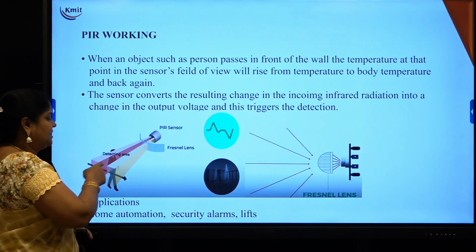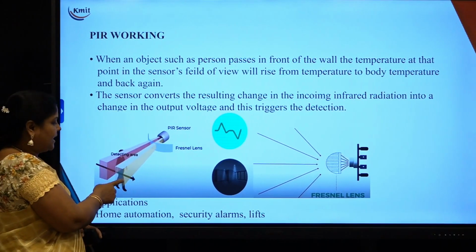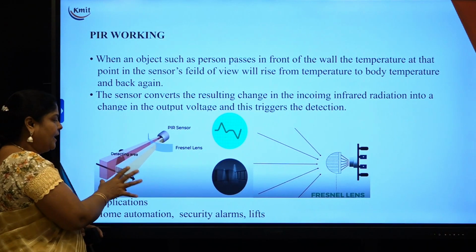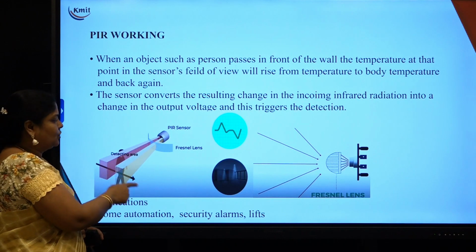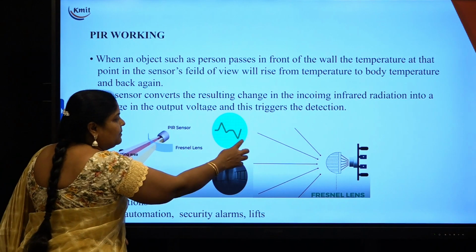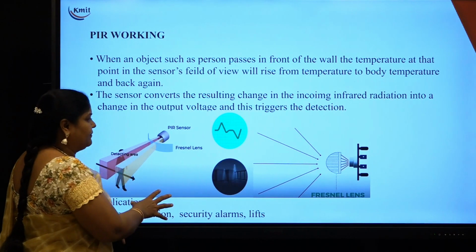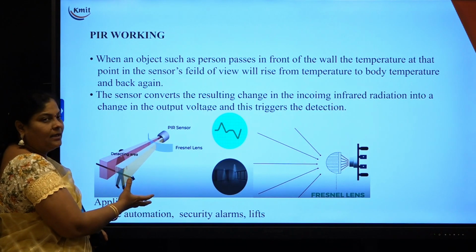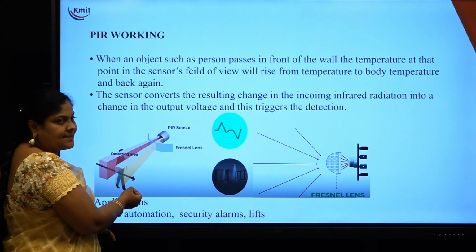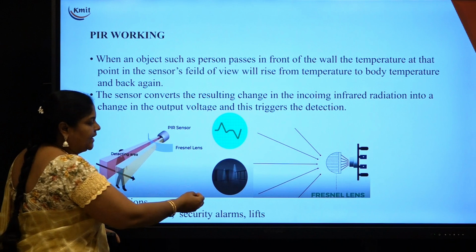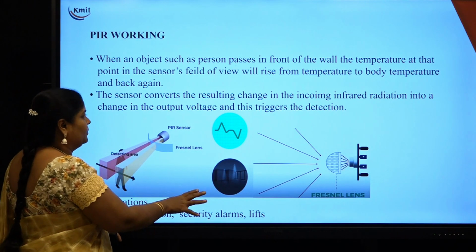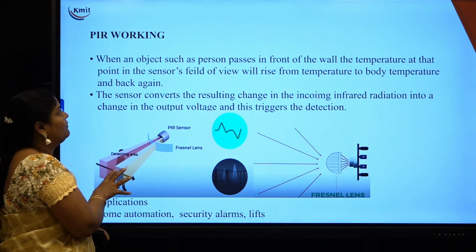Within this range, any object, whether a thing, an animal or a human being, if it passes through the range, it will be detected and some output will be generated in the form of a graph. For example, in home automation, whenever a person enters the room you want to switch on the lights of that room, you can use this type of sensor.